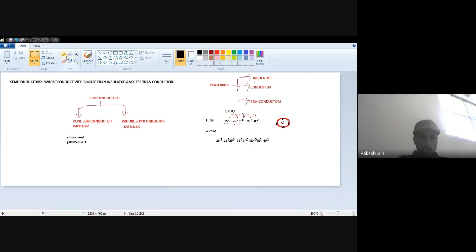Now let us count them with this green color: 2 plus 2 is 4, plus 6 is 10, plus 2 is 12, plus 6 is 18, plus 10 is 28, 28 plus 2 is 30, 30 plus 2 is 32. Now we see the outermost orbital.